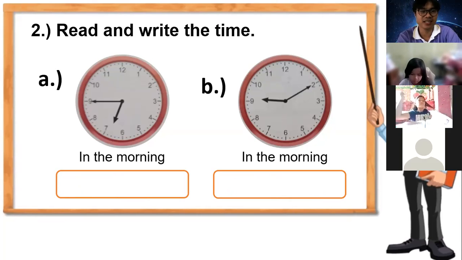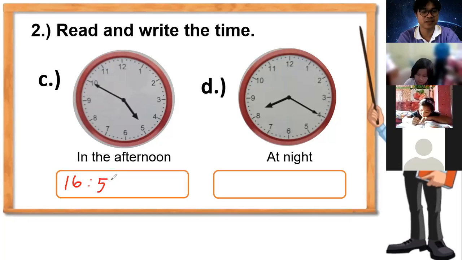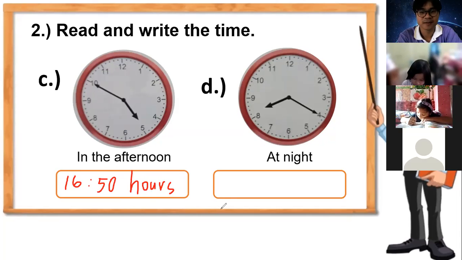Letter C and D. This is letter C and D. Okay. In the afternoon, what time is it? This is still 16:50. Not yet 17. Okay. Almost. 16:50 hours. Okay. And last, letter D. At night.